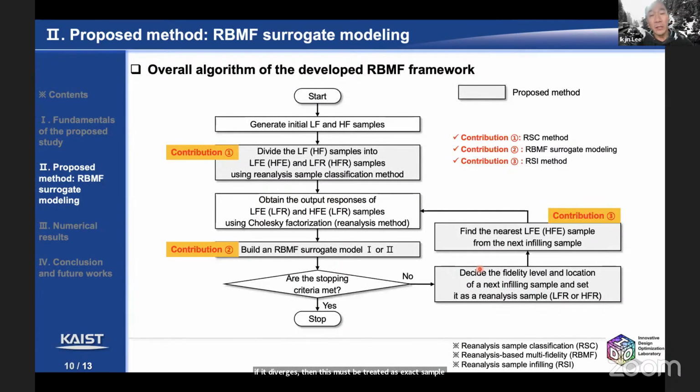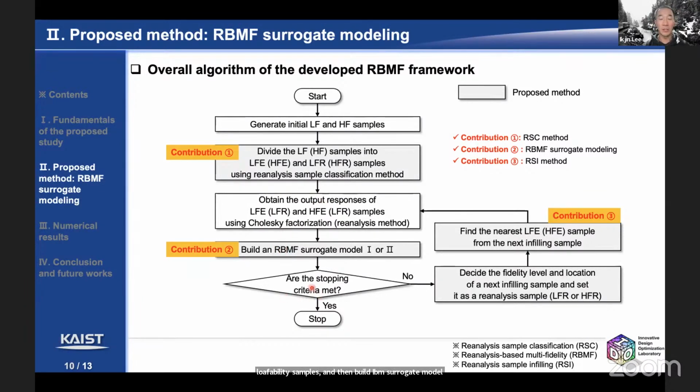So this flowchart summarizes the proposed RBMF framework. We need to generate initial low fidelity and high fidelity samples, divide these samples into exact and reanalysis samples, obtain responses from exact or reanalysis and high fidelity or low fidelity samples, and then build RBMF surrogate model 1 or 2.